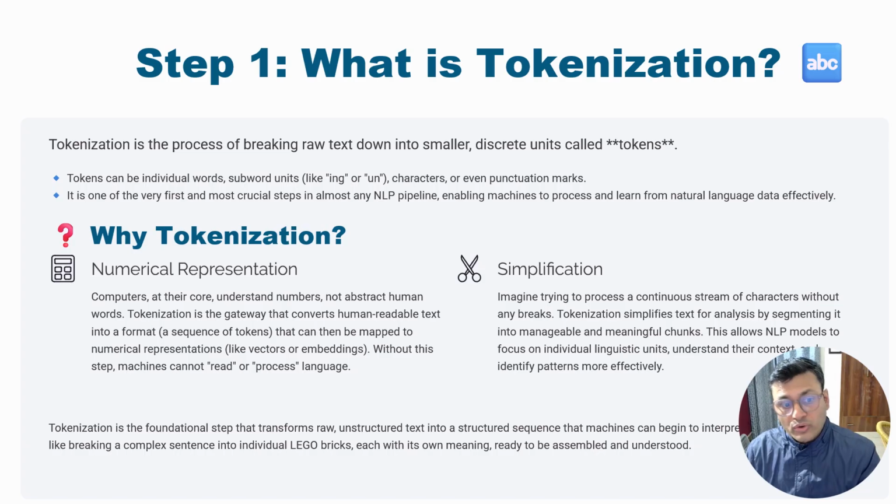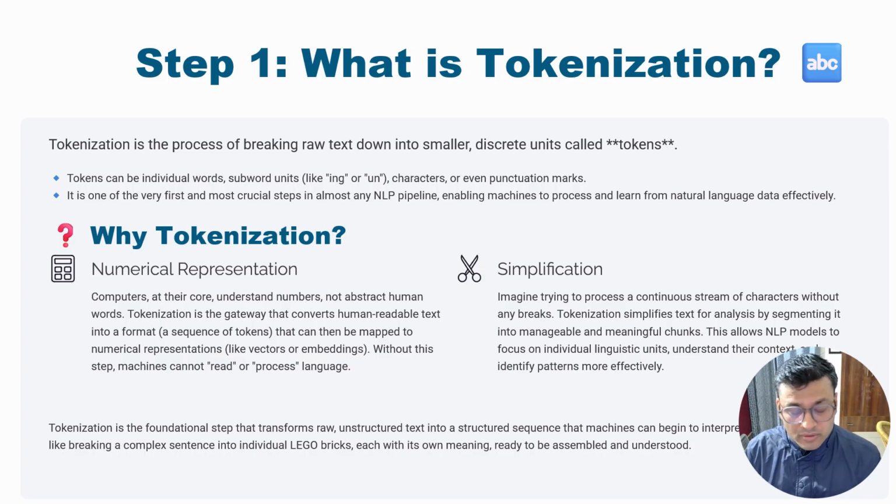Now, why tokenization? The question arises why. The first thing is numerical representation. Computers at their core do not understand text. They can only understand numbers, not abstract human words.